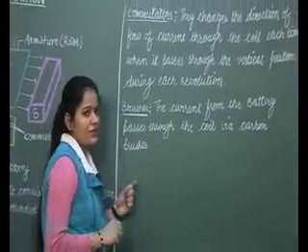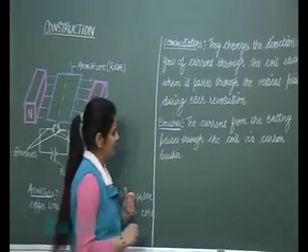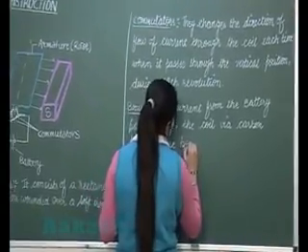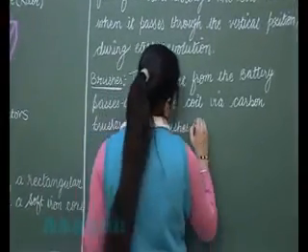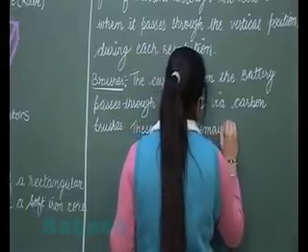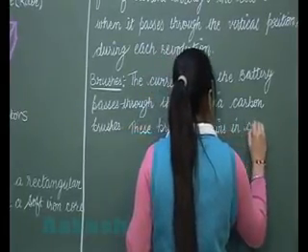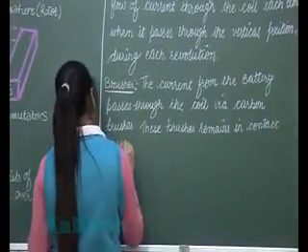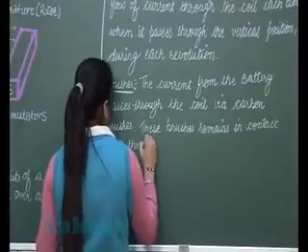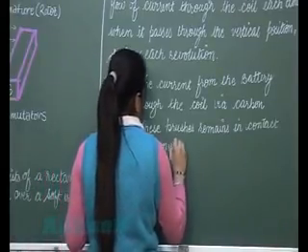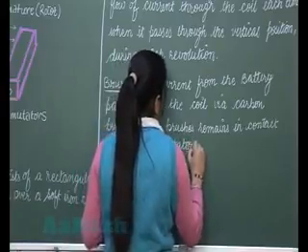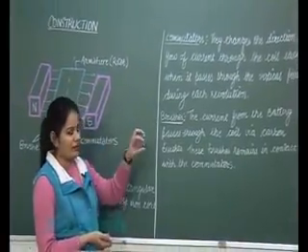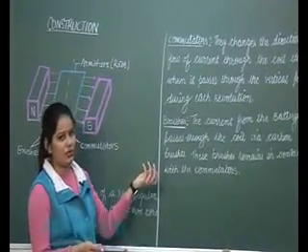Student, these carbon brushes remain in contact with the commutators. These brushes remain in contact with the commutators. Now student, when the coil rotates, the brushes remain in contact with the commutators.